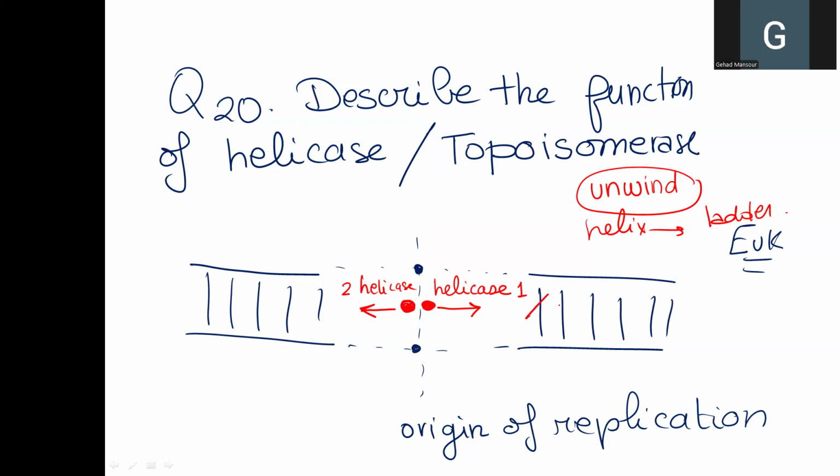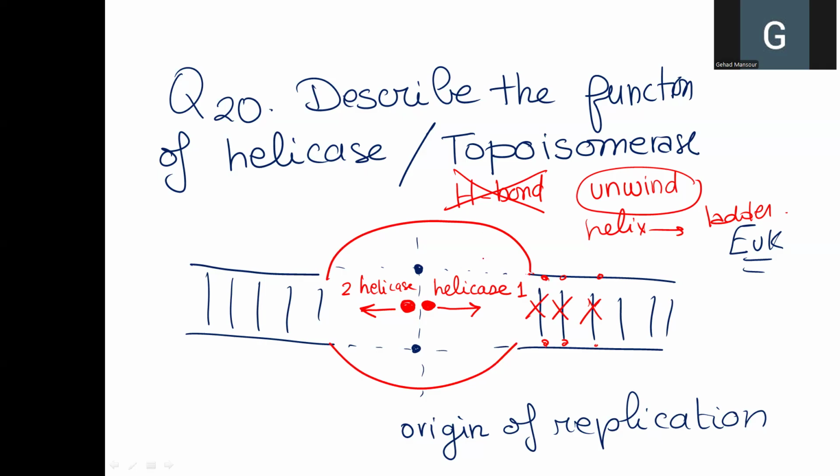And then after having done this, they break down the hydrogen bonds between the complementary base pairs. When the hydrogen bonds between the base pairs are broken down, the two strands are kept apart. But we do not do this along the whole length of the DNA molecule, but in this segment only.